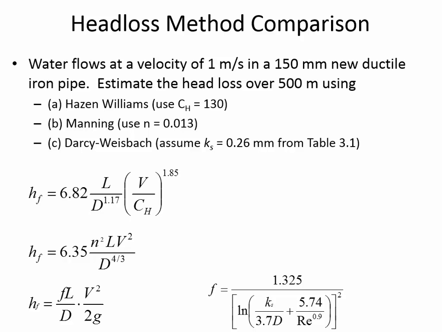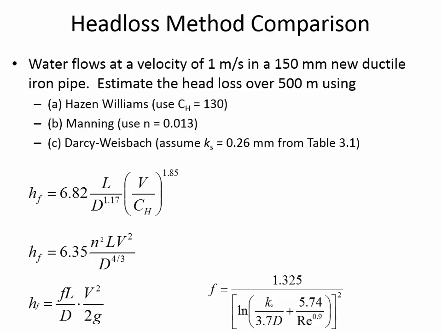And then for the flow velocity, it's 1 meter per second, and the diameter of the pipe, 0.15 meters. The Reynolds number, therefore, is 1.5 times 10 to the 5th, not 10 to the 8th. The Reynolds number is unitless.